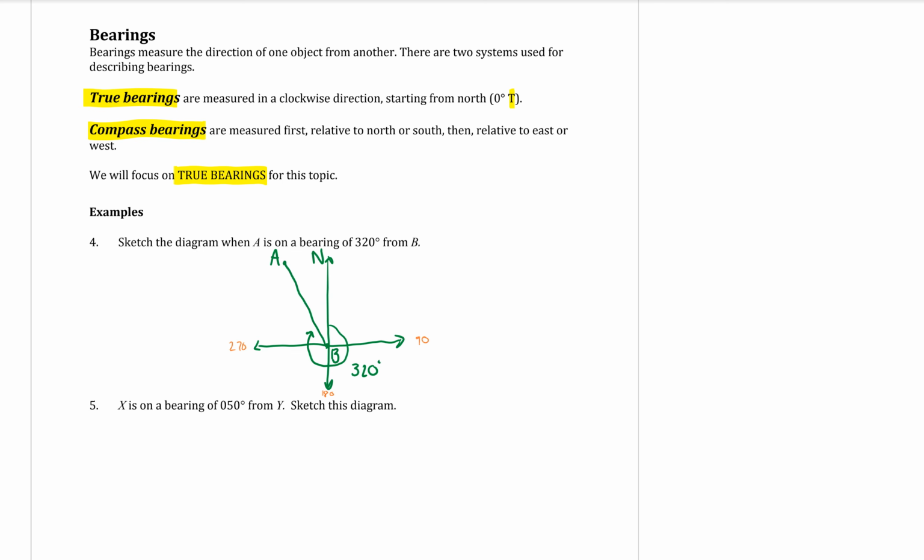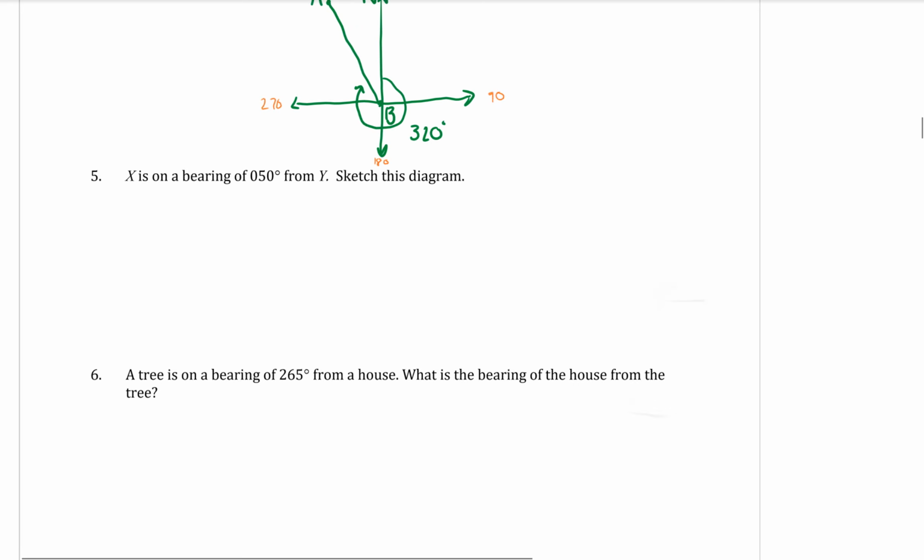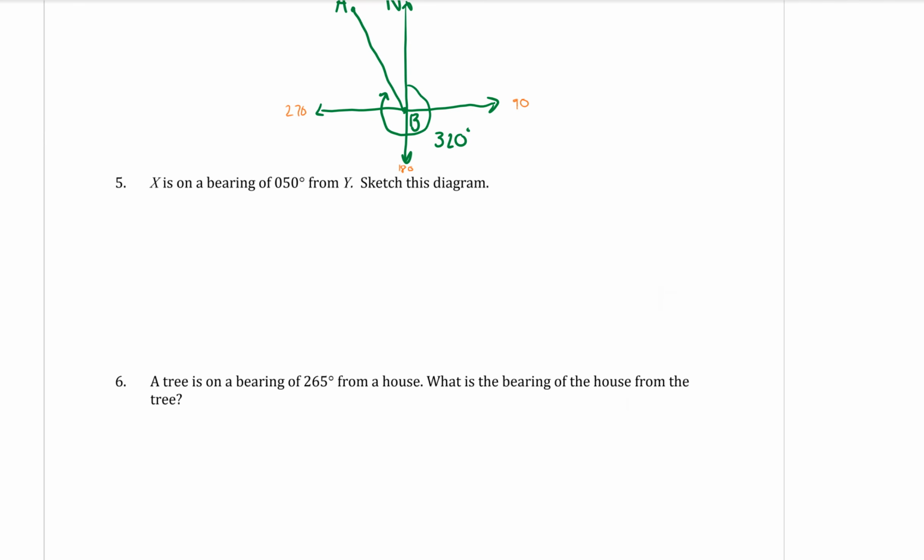Sketch this diagram. So again, let's draw our little compass with our N for north showing on the top there. So 50 degrees, remembering that my 90 degrees is here, it's going to be in that first quadrant in approximately that direction. So from the north, it is a 50-degree arc around to there.